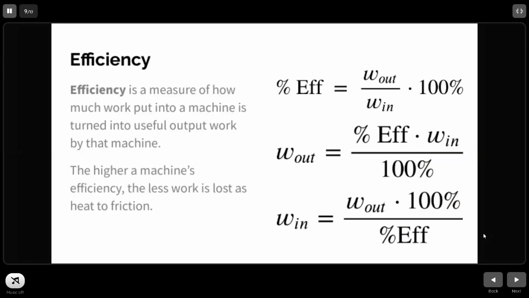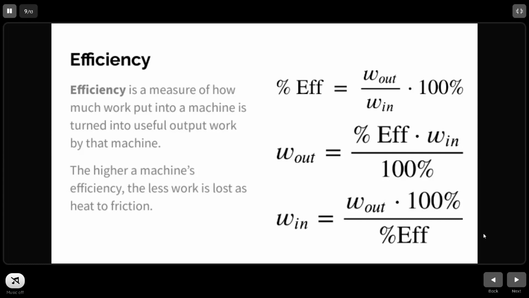In this system, you could have friction, heat losses, or any other type of losses. So the work output cannot be the same as the work you inputted into the system. That's why we have something we call efficiency. When we buy a machine and it's new, its efficiency is 90%, as an example, or 95%.